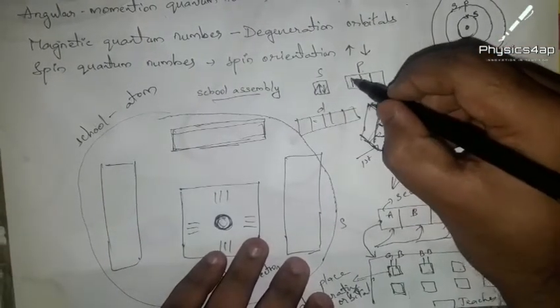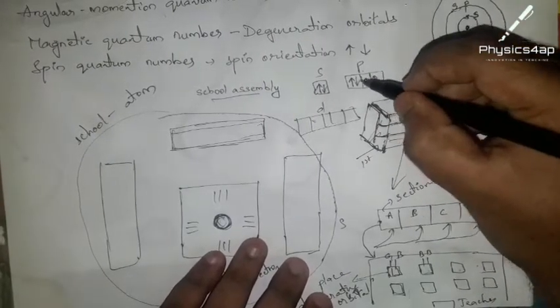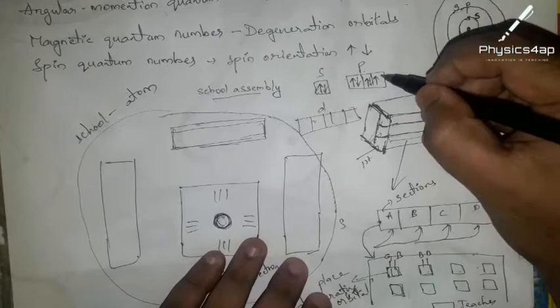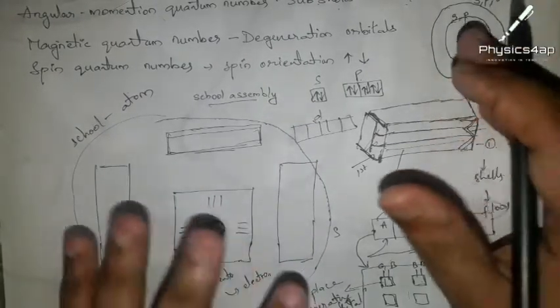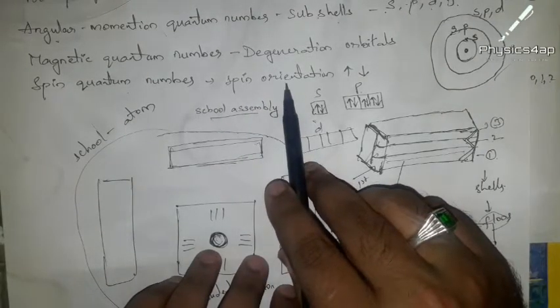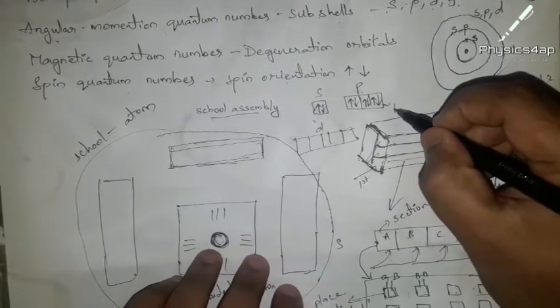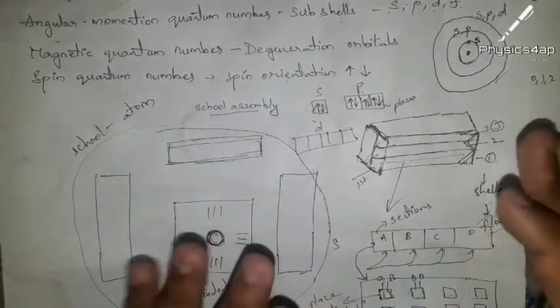And in P, 1 electron up, another up, another up, and others down. That is the seating arrangement which makes them sit in a specified manner. That is what we call the spin orientation. These are the particular places where we make them sit together.